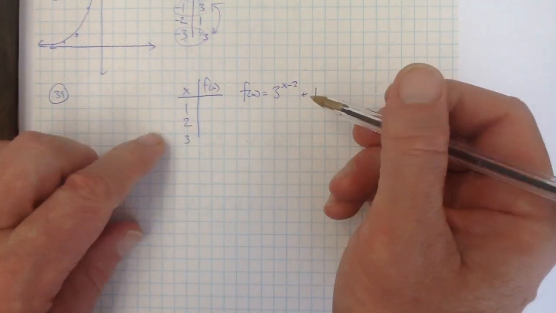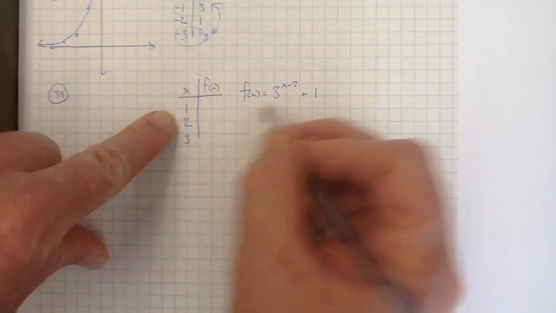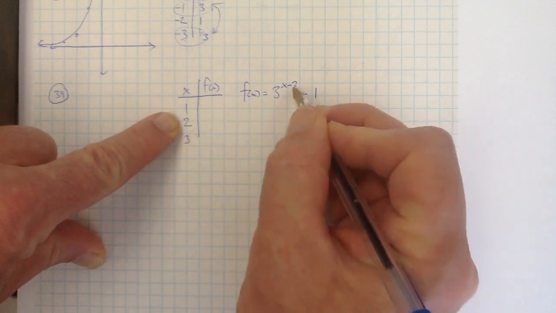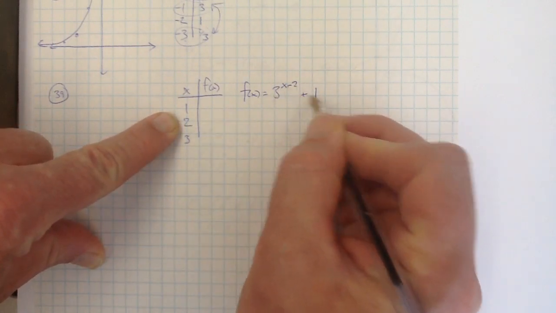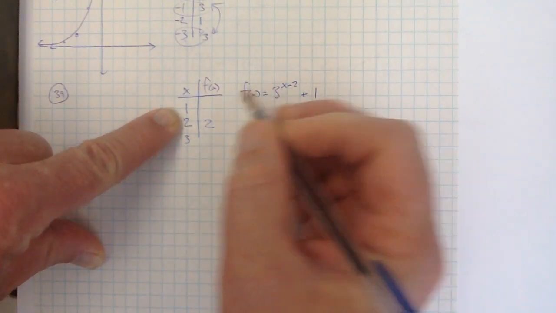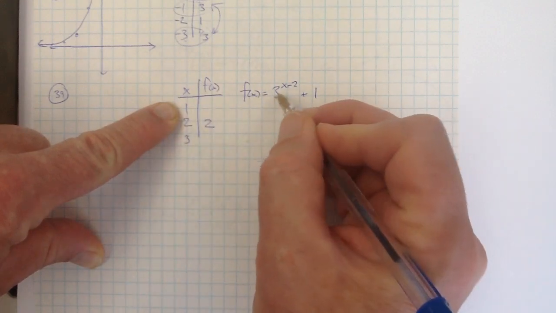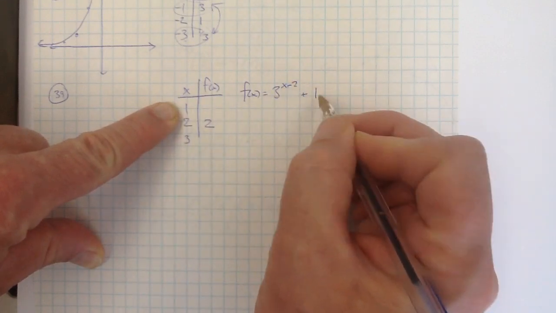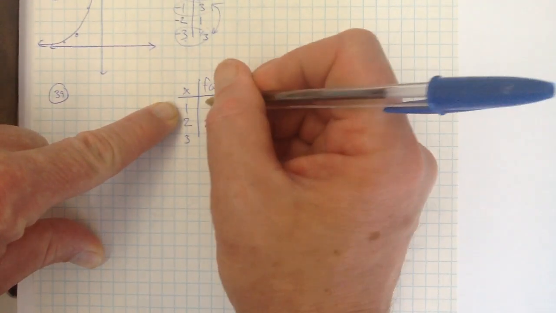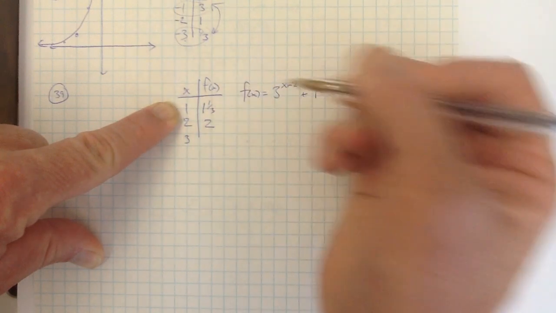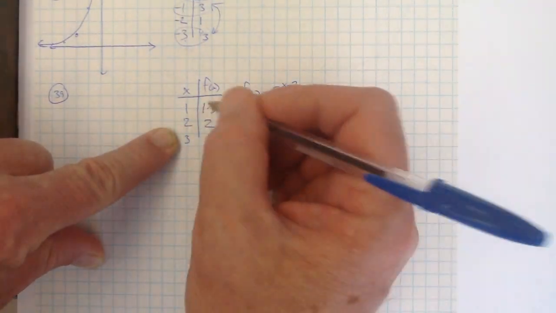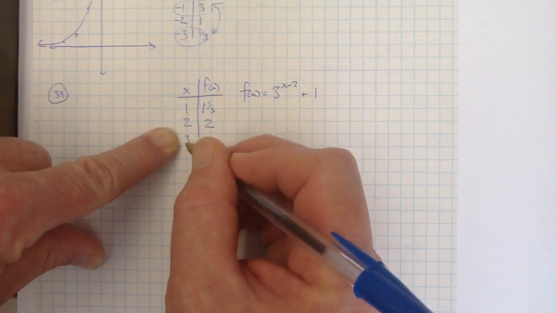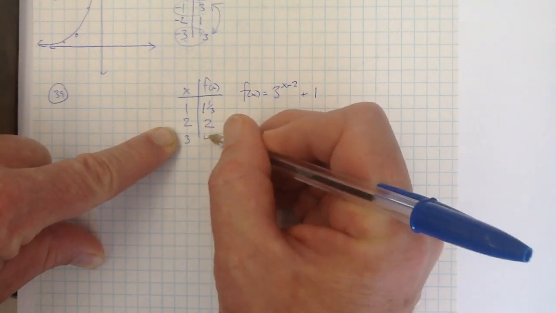I've got a plus 1 now, so just be careful here. So 3 to the 2 minus 2, that's 3 to the 0 is 1, plus 1 is 2. And then when I plug 1 in, I get 3 to the -1, that's 1/3 plus 1. You could either write that as 4/3 or 1 1/3, I think is perfectly helpful here. And then when I plug 3 in, I get 4.